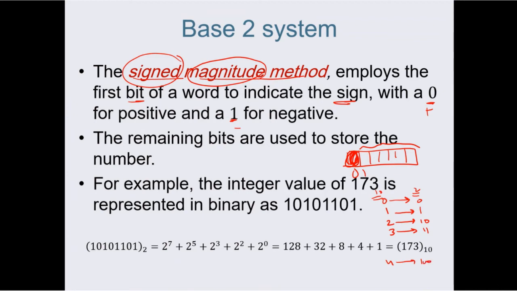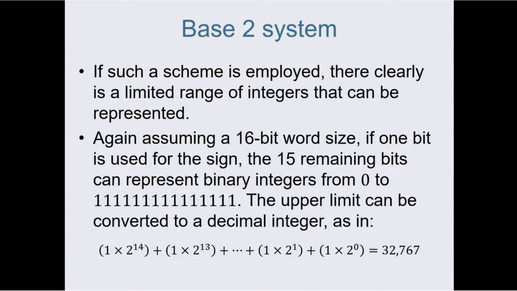So you can see just by reaching 4, you have reached 3 digits already. By the time you reach 8, you go into 4 digits. A number like 173 given here as an example takes 1, 2, 3, 4, 5, 6, 7, 8 digits, so it uses up 8 digits to define this number in binary form. Now, if you use such a scheme to store numbers, then of course you are going to have a limited range of numbers that you can actually store in the computer.